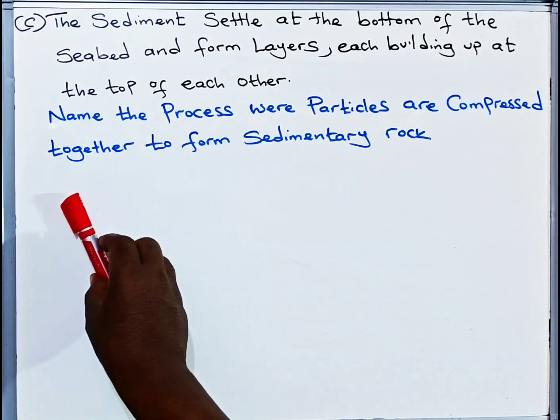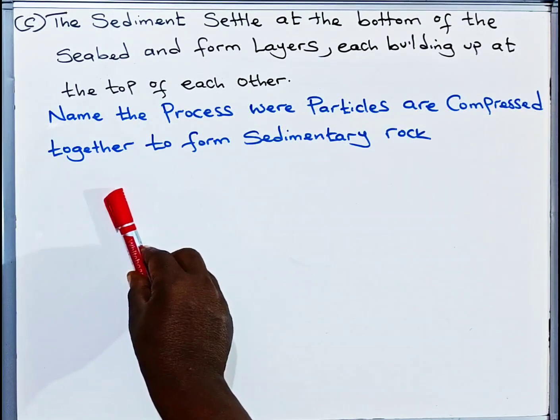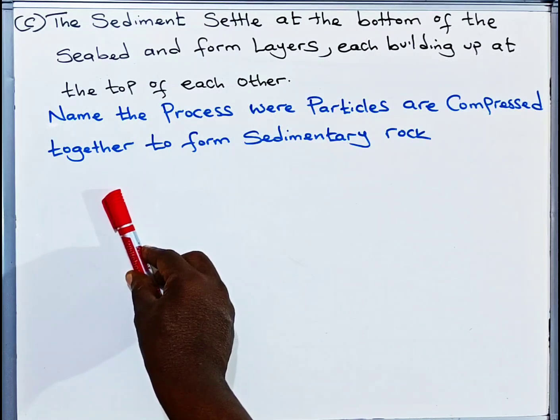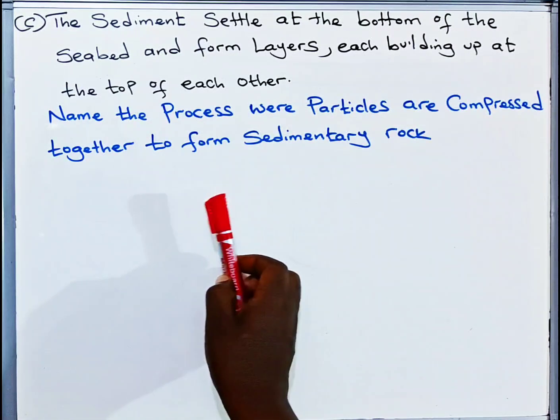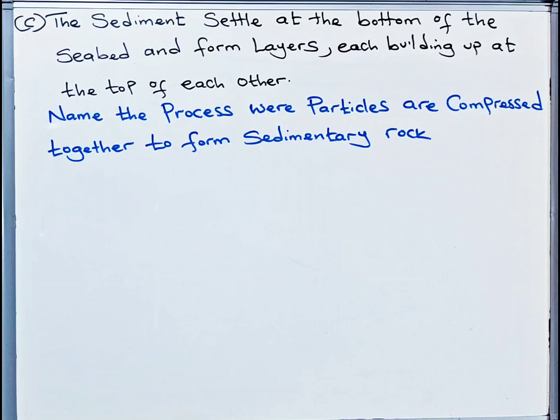And the question comes, name the process where particles are compressed together to form sedimentary rock. What do you call that process? The process is called compaction.